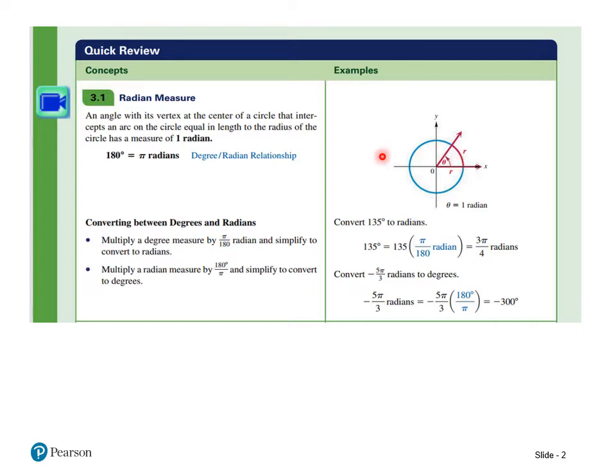When you're converting these, the first thing I want to tell you is notice this little video camera. These notes are coming from your electronic text in MyLab Math. This is at the end of each chapter. It's called Test Prep. This is Chapter 3, Test Prep. And then each section has a very short video, less than 5 minutes, of an overview of the chapter.